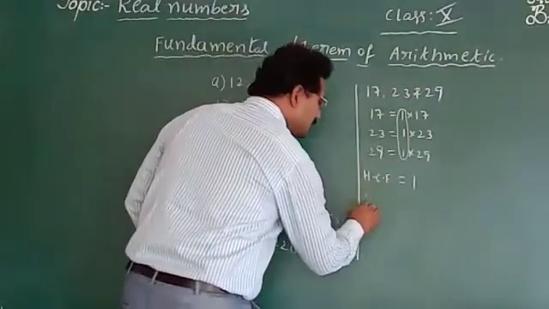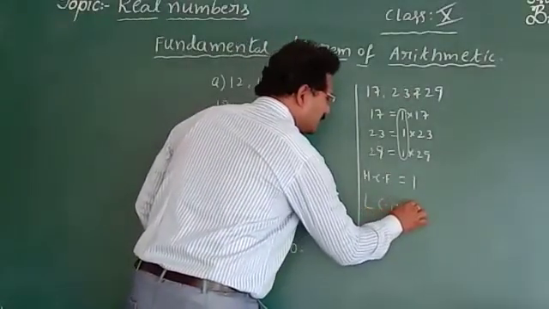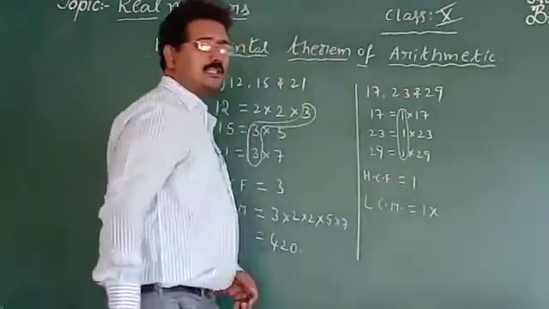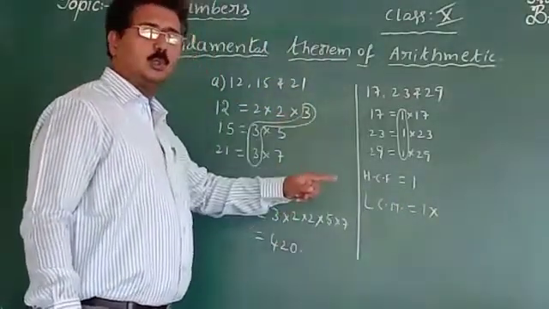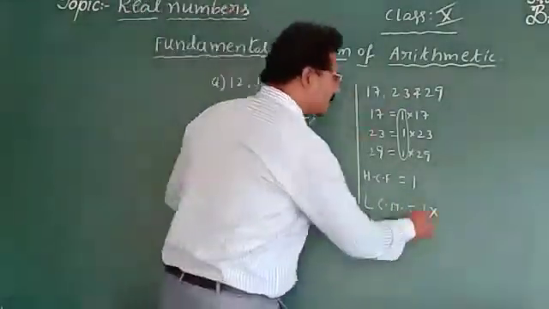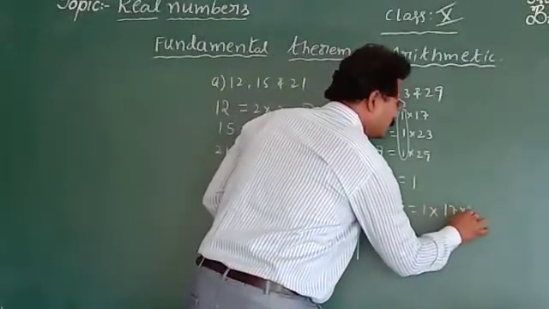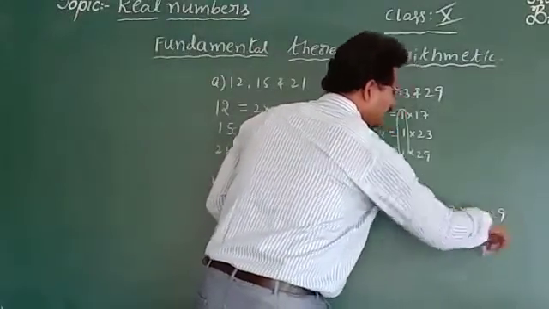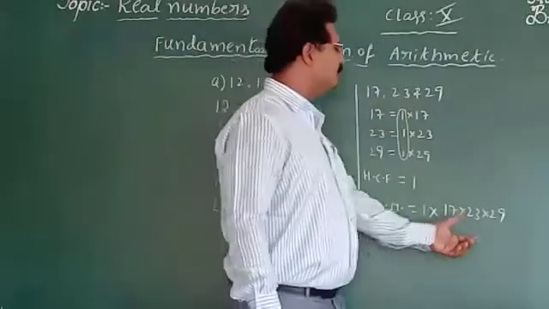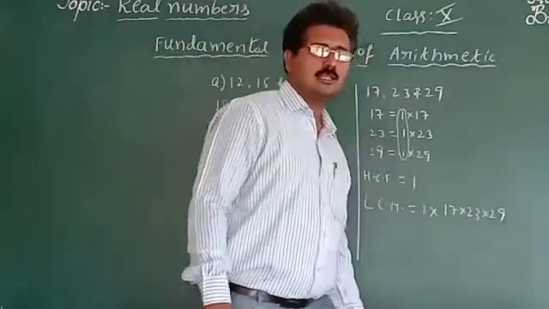Now the LCM. LCM is equal to what I told you: the HCF into the remaining factors. What are the remaining factors? 17 into 23 into 29. This is called the LCM. If you multiply, it is easy to get the answer.